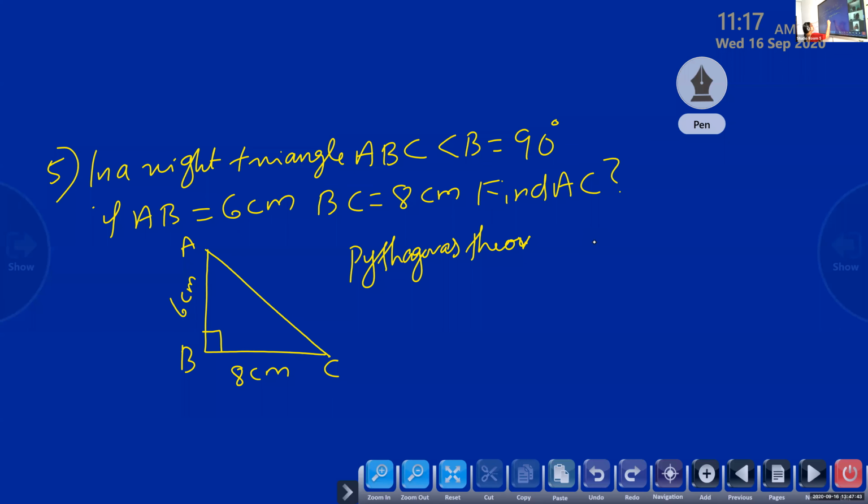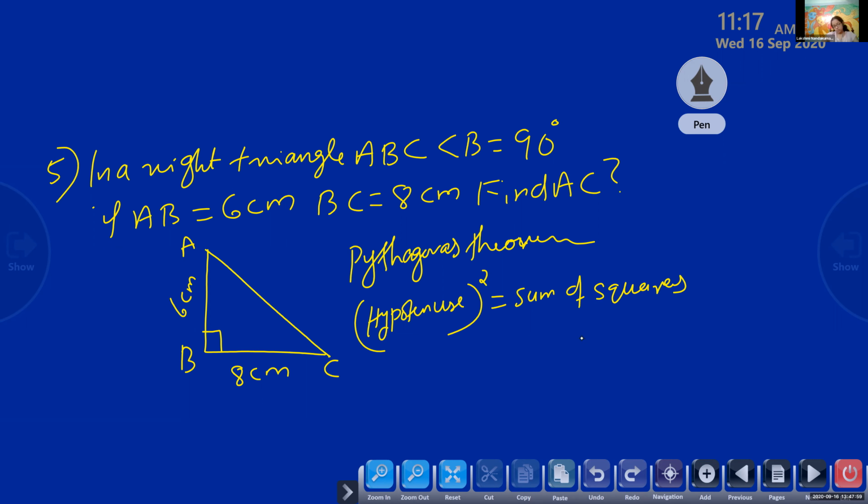Pythagoras theorem: hypotenuse square equals the sum of squares of the other two sides.